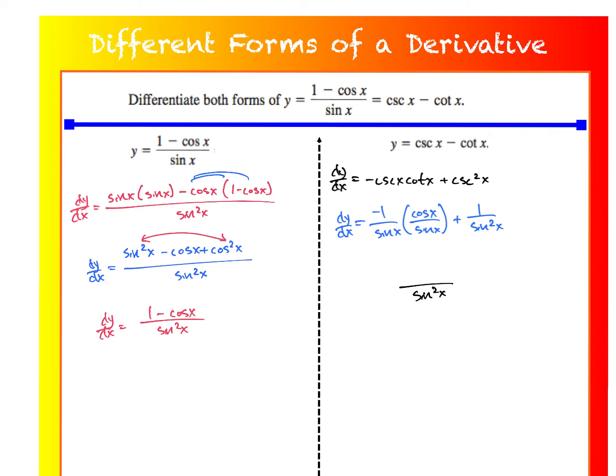And then I have negative 1 times cosine, which is negative cosine, and then I still have plus 1. Do you see that they're equivalent? Even though normally I would probably stop right there in the black, if you put them all in sines and cosines, they're the same. Pretty cool?